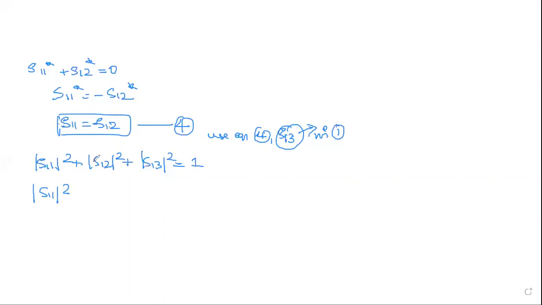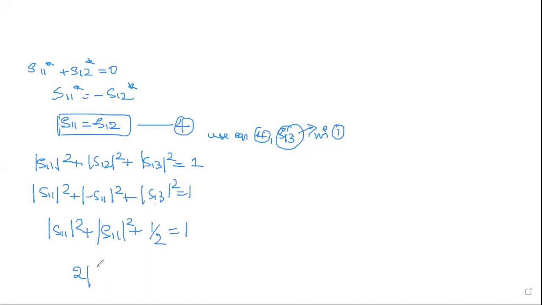Minus S11 inside your square plus S13 square is equal to 1. Since it is inside the square, it will be positive. S11 square plus, with S13 being 1 by root 2, 1 by 2 is equal to 1.